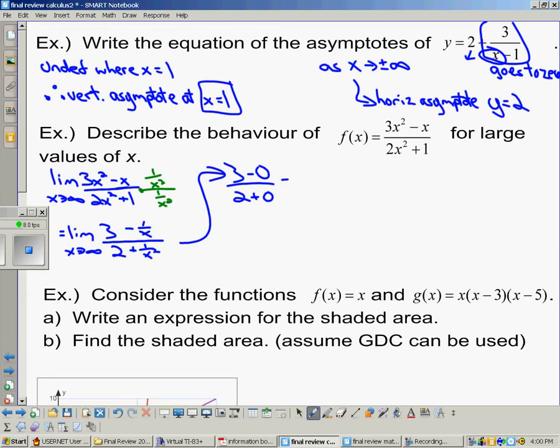So we're going to get 3 over 2. So as x goes to infinity, f of x goes to 3 over 2, meaning there's going to be a horizontal asymptote at y equals 3 over 2.